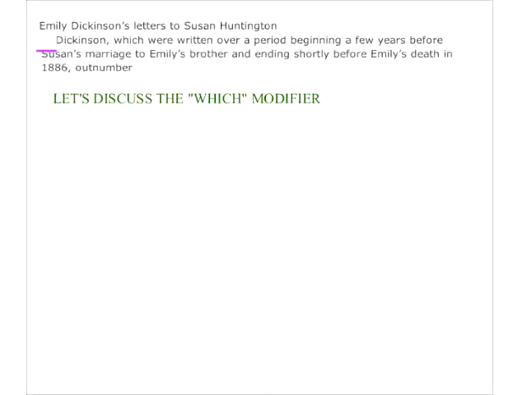If the modifier doesn't modify something that makes sense, then it's incorrect. So in the text box, let's talk about what does which modify in this case. A couple of you are still typing. Yeah, it modifies the letters.